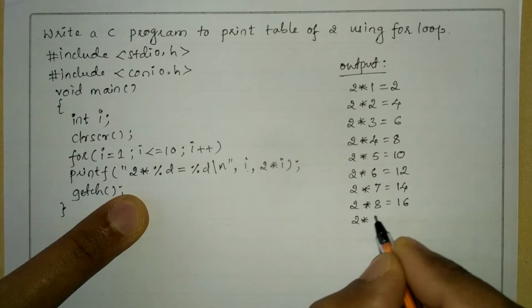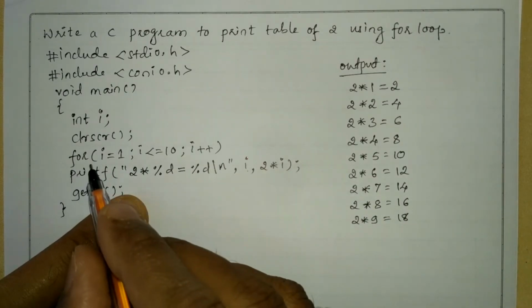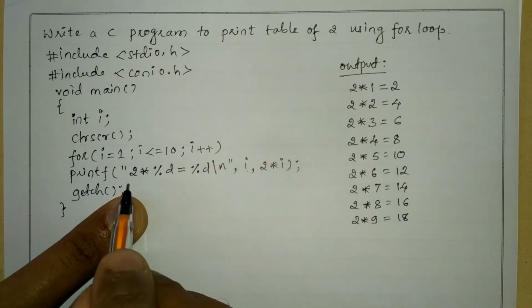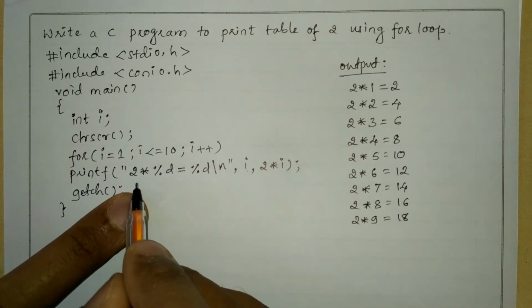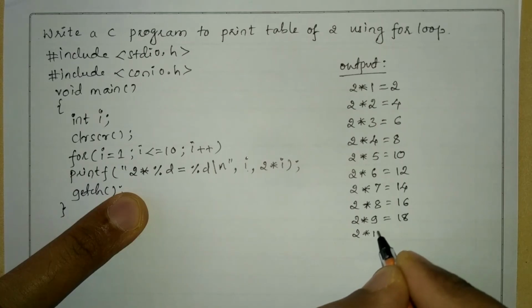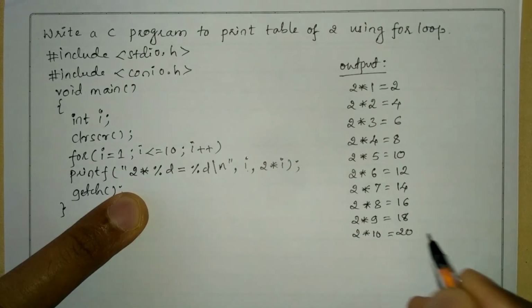Once again, 2 into 9 is equal to 18 will be printed. Again, control transfers to for loop by incrementing the value of i by 1. Now the i value is 10. 10 is less than or equal to 10. Yes, condition is once again true. This particular statement will get executed. 2 into 10 is 20 will be printed.